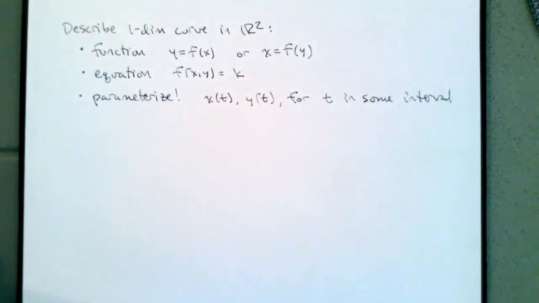In all three cases, we want to be able to describe the slope of a line tangent to the curve at some point. And for that, we use derivatives in all the different ways.